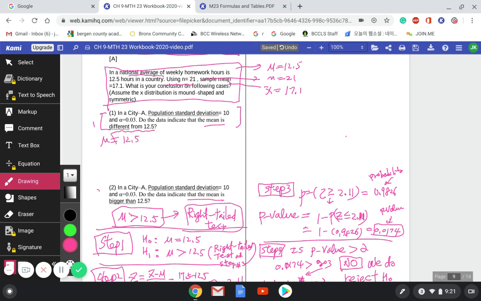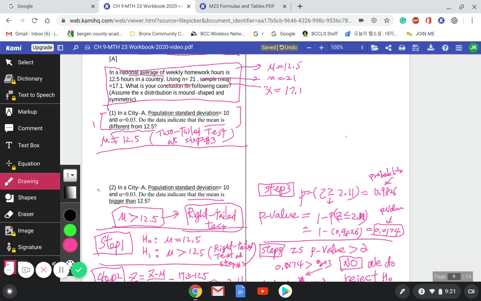So when you have this not equal to, you have to do a two-tailed test at step number 3, I mean.